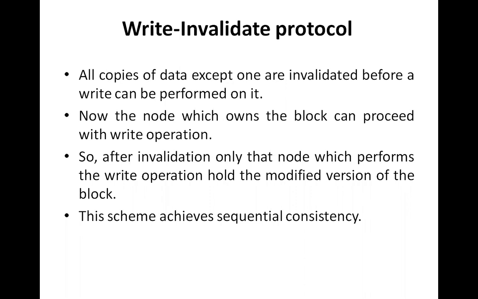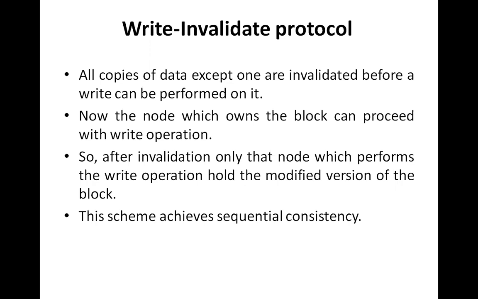In the case of Write-Invalidate, in this particular scheme, all the copies of a certain set of data which are available at the different nodes are invalidated before a write operation is performed on it, except one node.